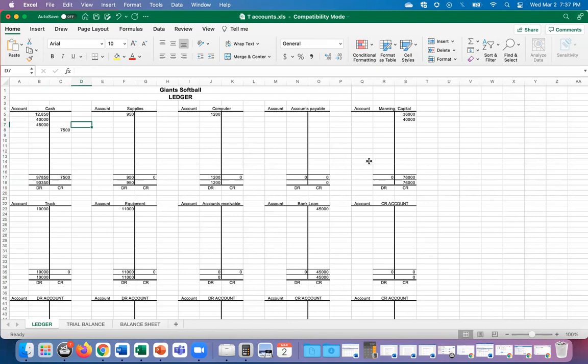And on the liability side, or sorry, on the credits or the liabilities of what we have here, or the equity accounts, those totals or balances are being held on the credit side. So you'll notice that in the capital account. You'll also notice that in our bank loan account. All right, so those should be adding up for you on their own, or being calculated for you by the spreadsheet. Okay, so 7,500 left our cash account to pay for the rent.